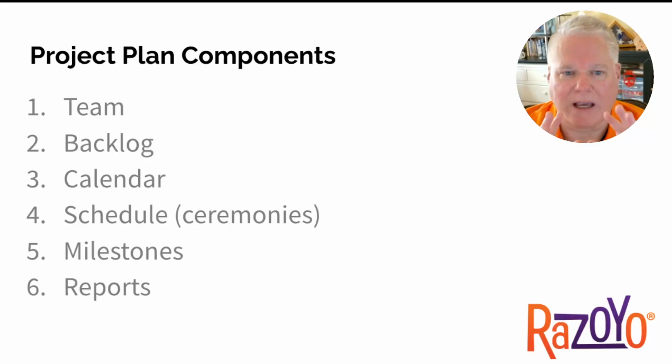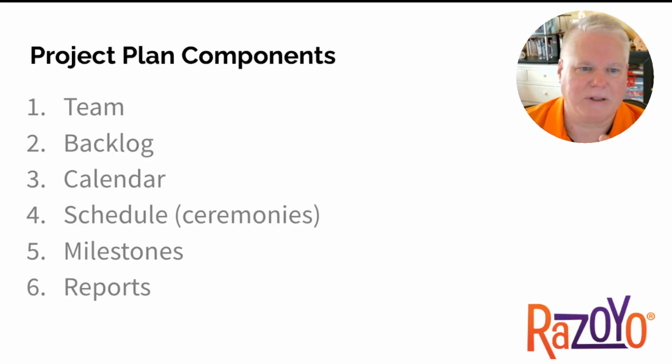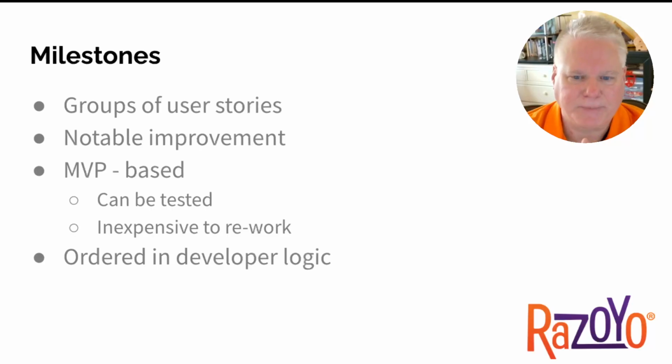You're going to create a schedule, and this just means what time are stand-ups, who's attending them, who's attending the reviews, the sprint planning meetings, etc. What those milestones are, and we'll talk about that next, and then kind of what reports are, because if I can't get reports out of the system, I'm not really getting what I want.